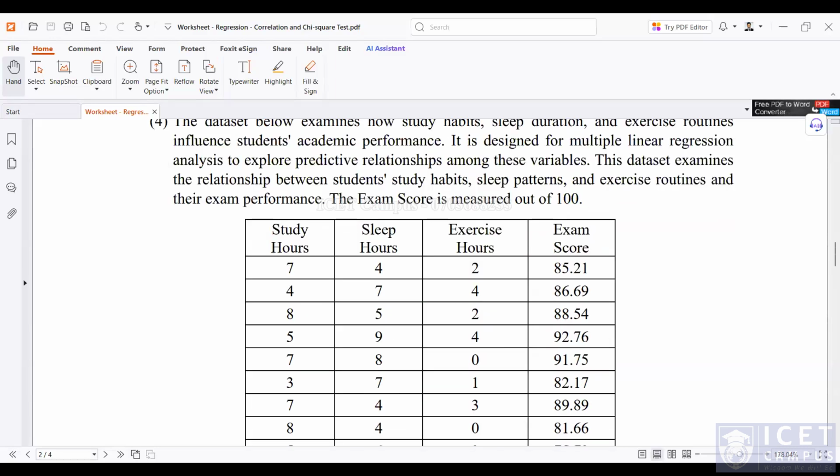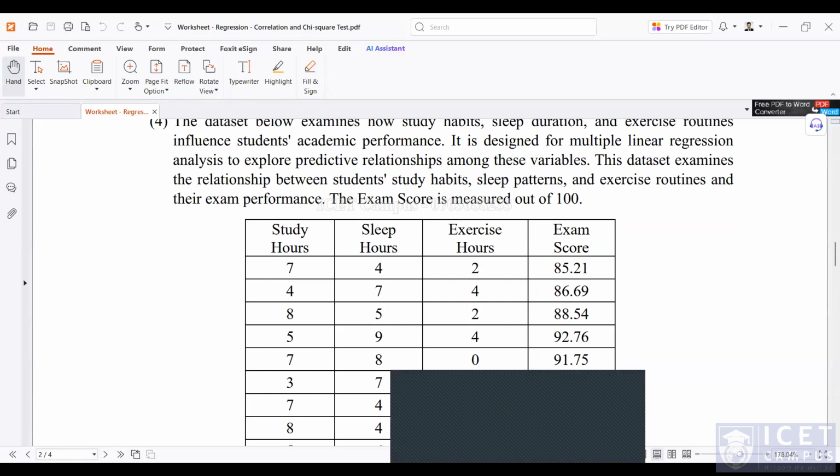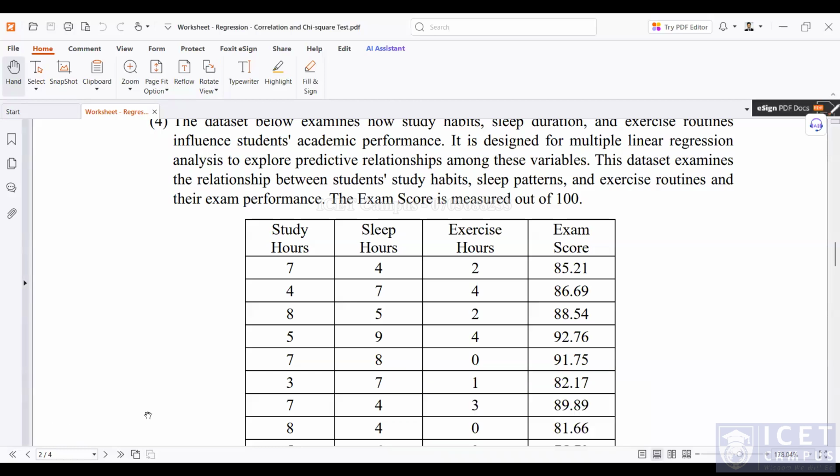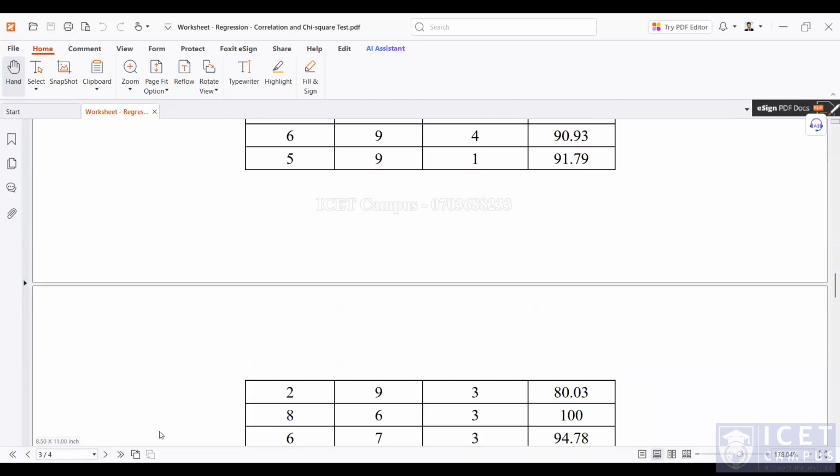Before entering, we have to make variables. Variables, type, and so on.